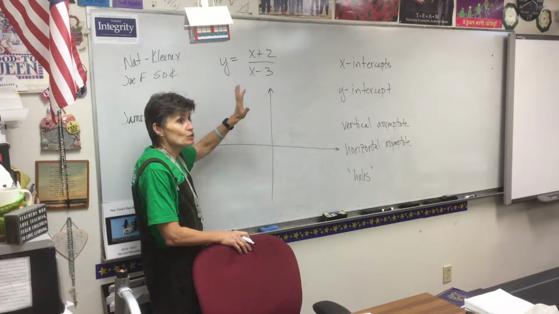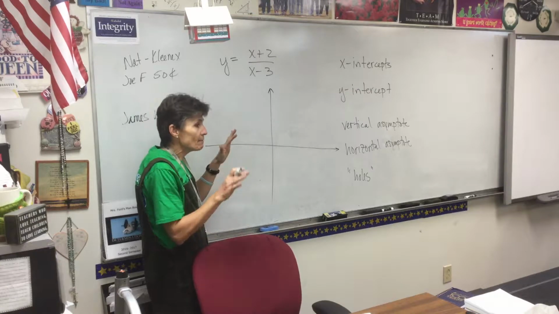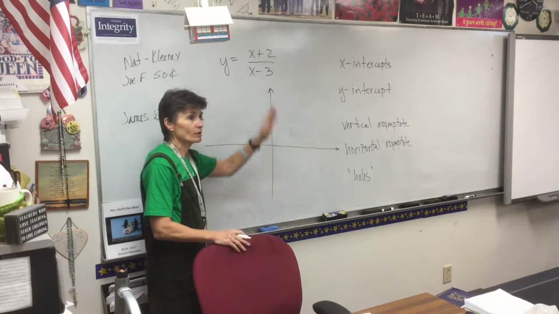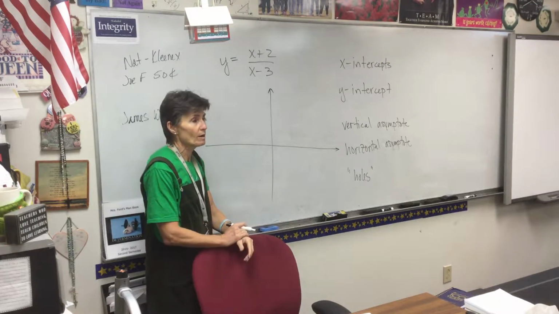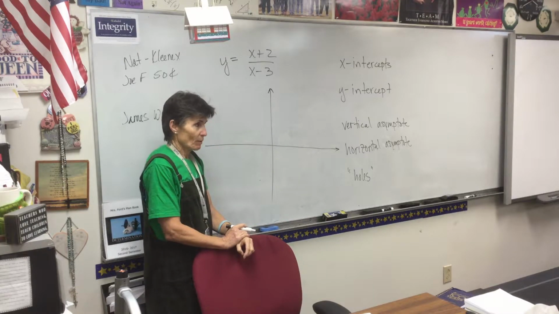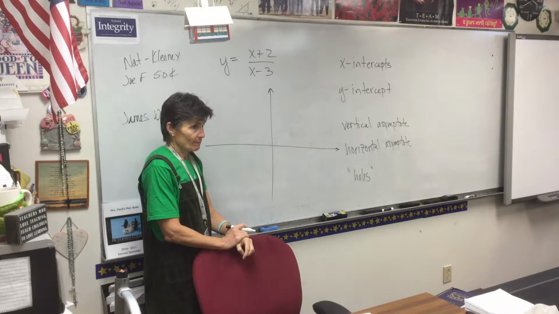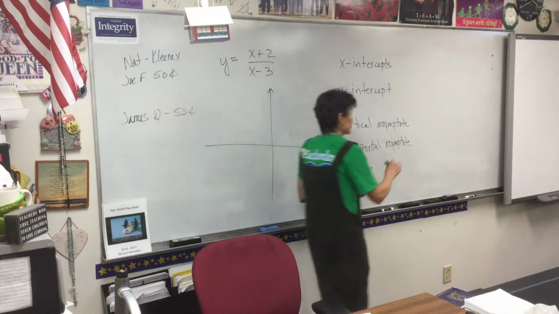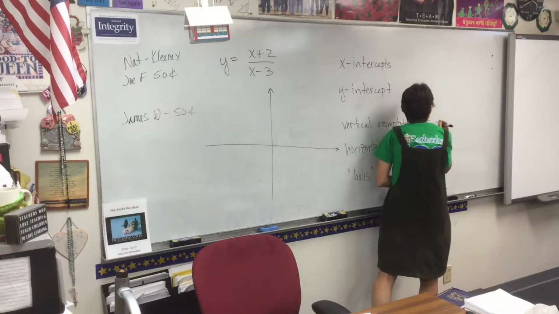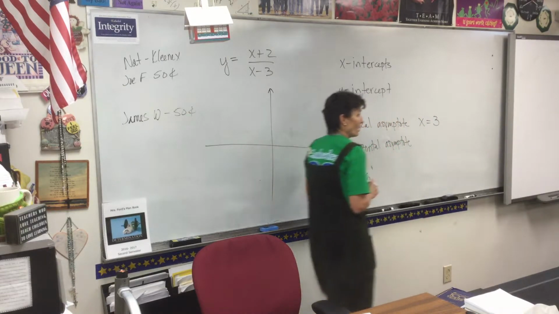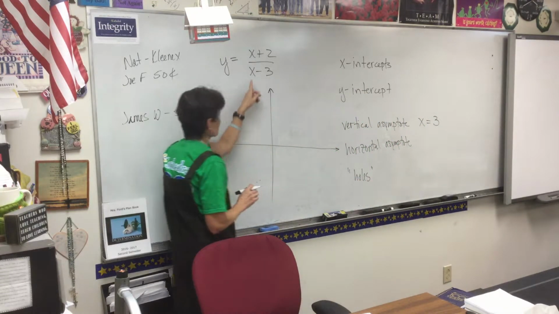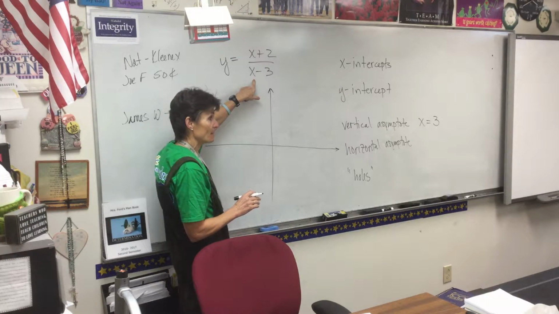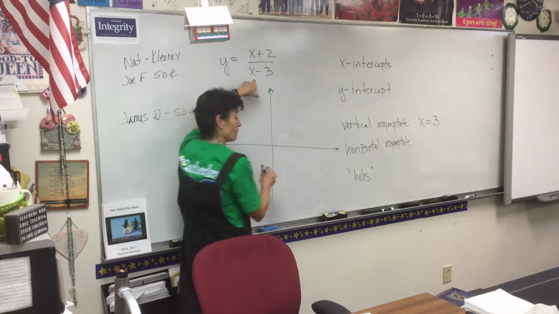All right? So, does anybody remember anything about that stuff? We've talked about all those things before. Does anybody remember anything about any of it? We have a vertical asymptote at x equals 3. Why do we have a vertical asymptote at x equals 3? Because that's what would make the denominator 0.